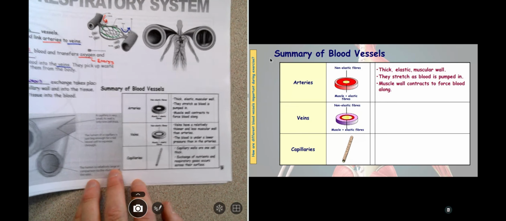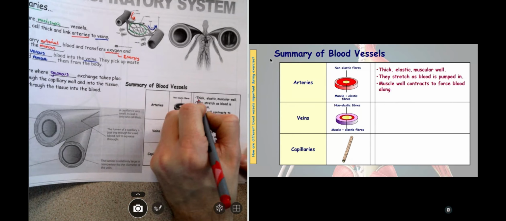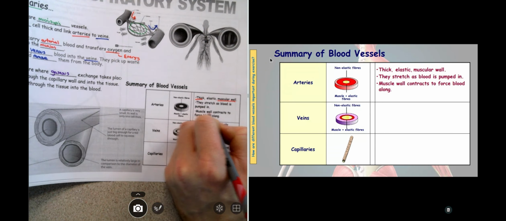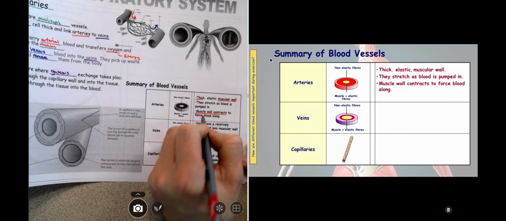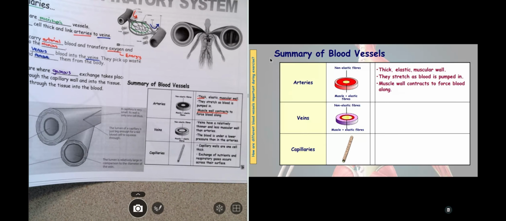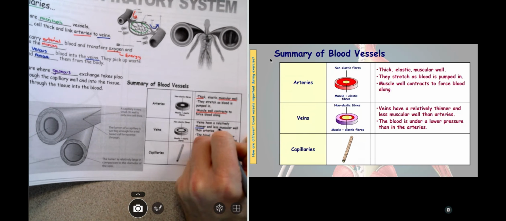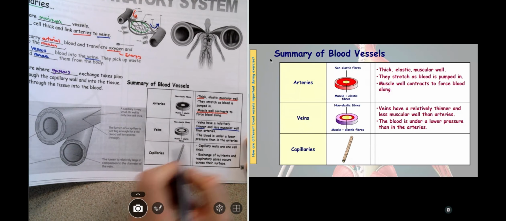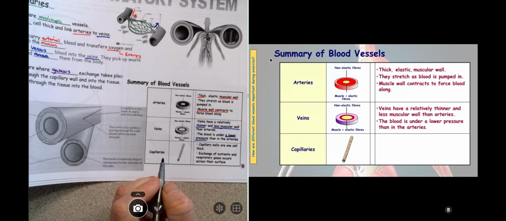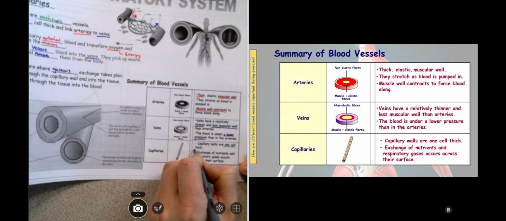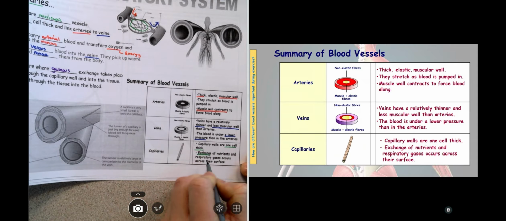So your key characteristic with arteries, thick muscular wall, and the muscle wall of those arteries contract to force blood along. Veins thinner and less muscular walls, and blood's under a lower pressure. And then lastly, your capillaries, they're only 1 cell thick, so it allows that exchange to take place.